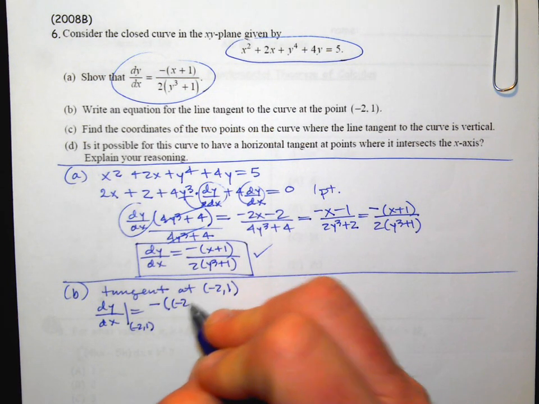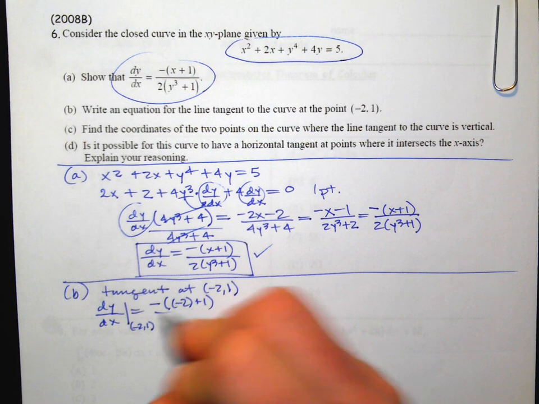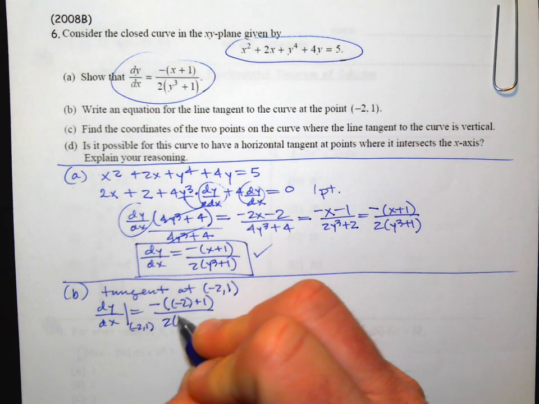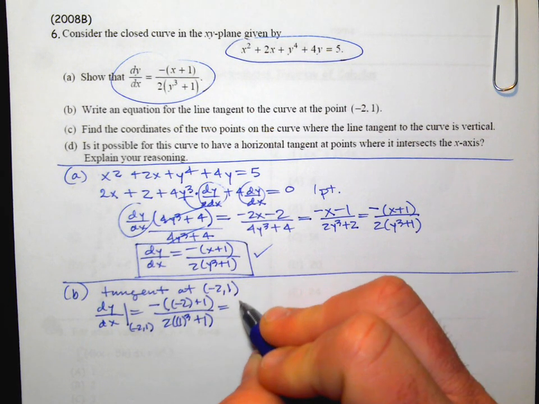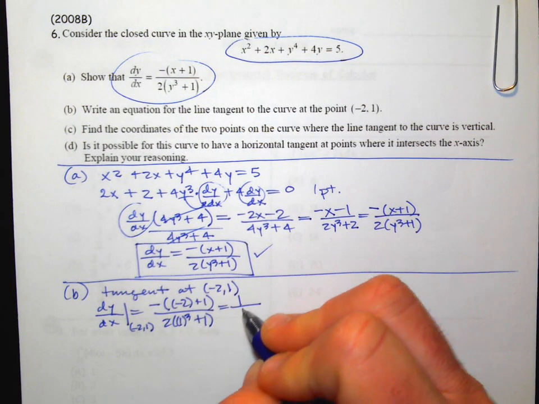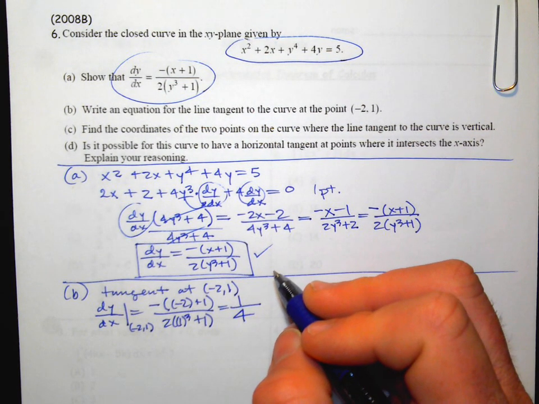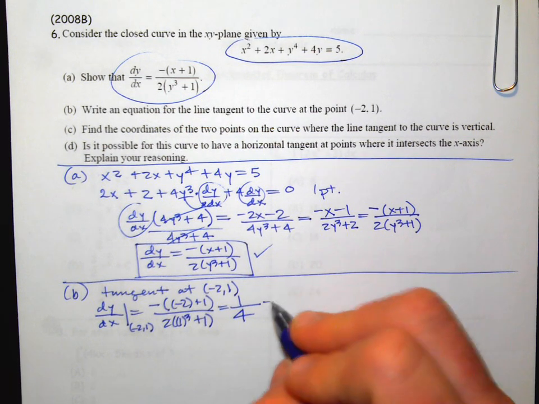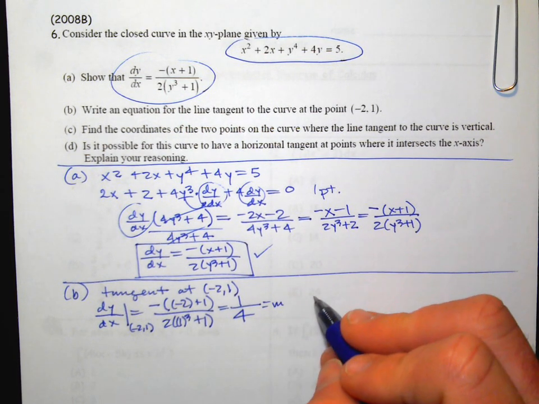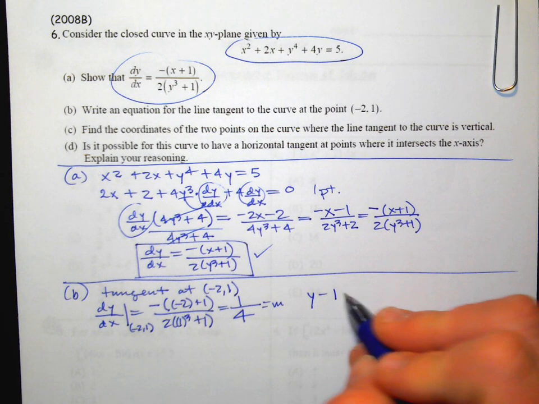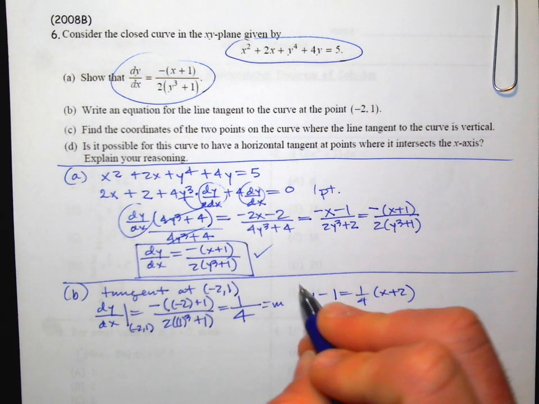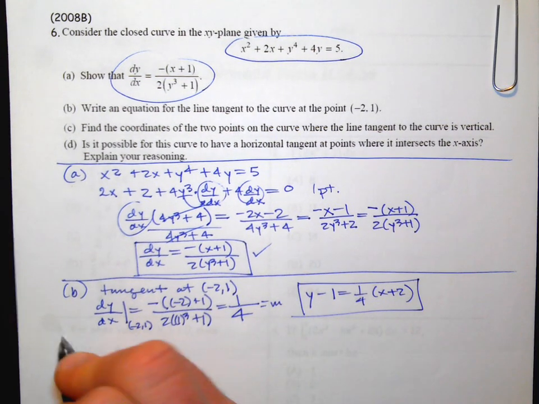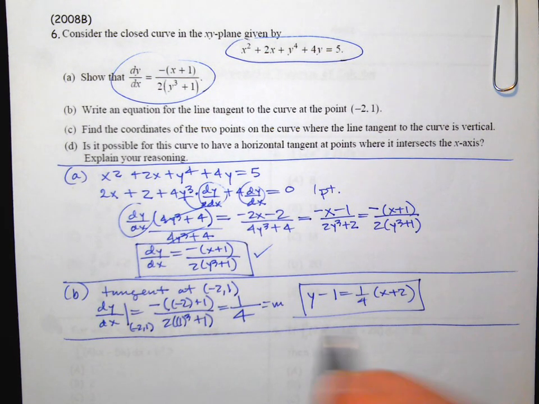Negative 2 for the x, positive 1 for the y. So it's going to be positive 1/4. So that's your slope. And so then our equation is going to be y minus 1 equals 1/4 (x plus 2), and done. Don't do anything else to that. Just leave it like that.